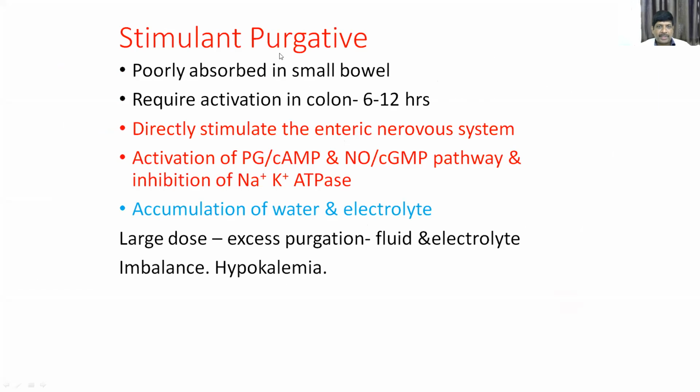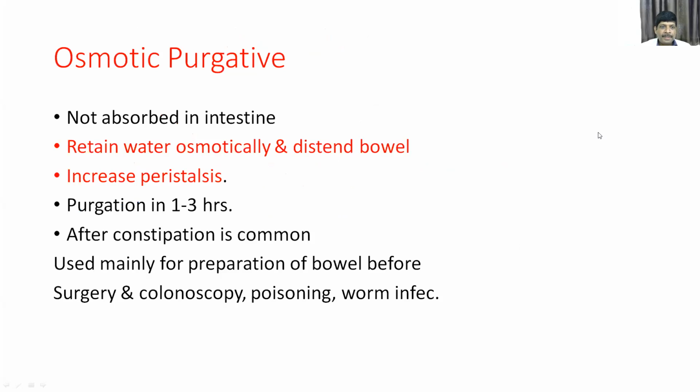The stimulant purgatives directly stimulate the enteric nervous system, activating the prostaglandin or cAMP or nitric oxide cGMP pathway, and also inhibit the sodium potassium ATPase, causing accumulation of water and electrolyte. Osmotic purgatives act by retaining water osmotically and distending the bowel. Also it causes increased peristaltic movement.